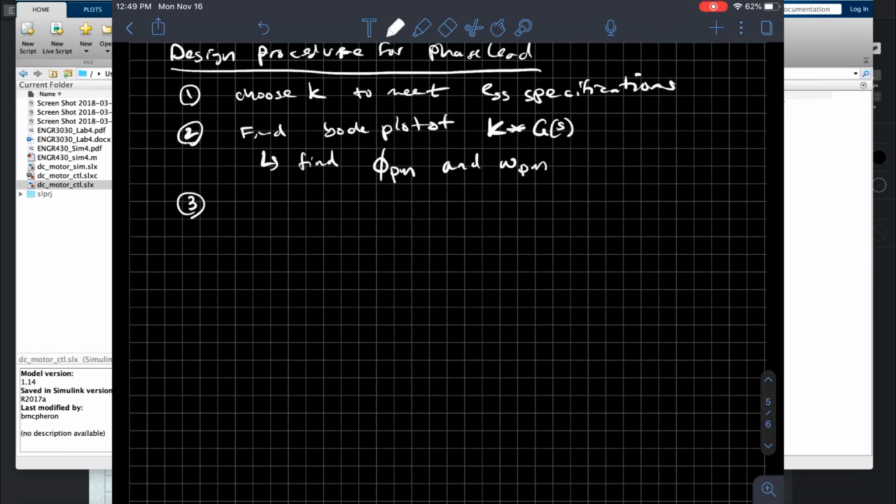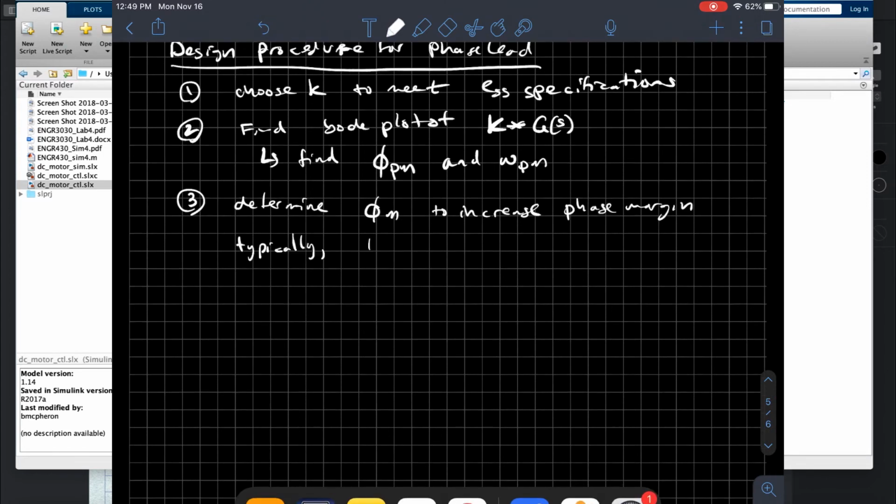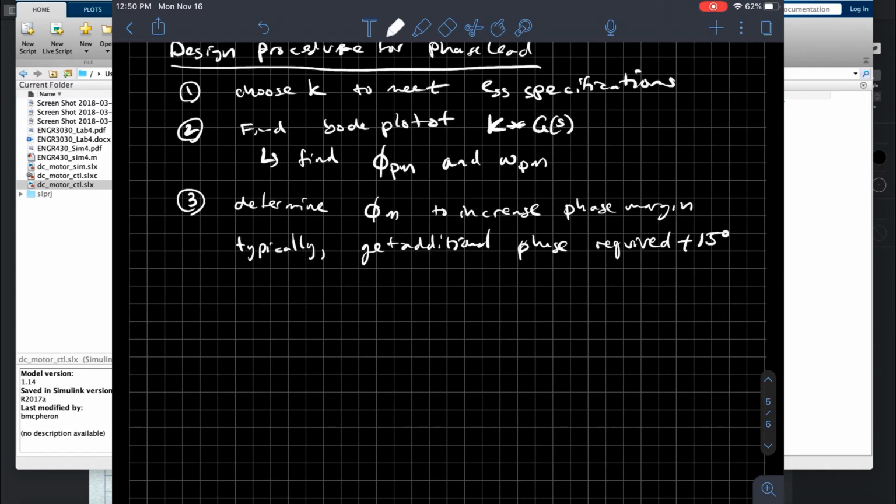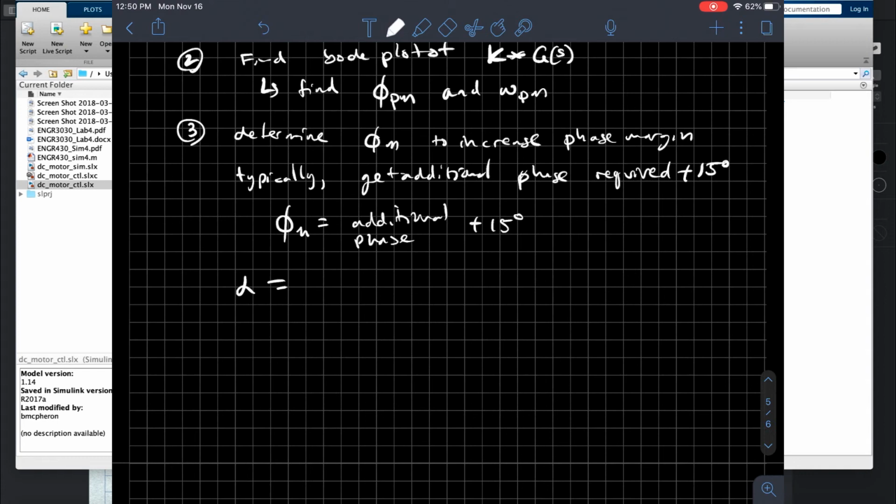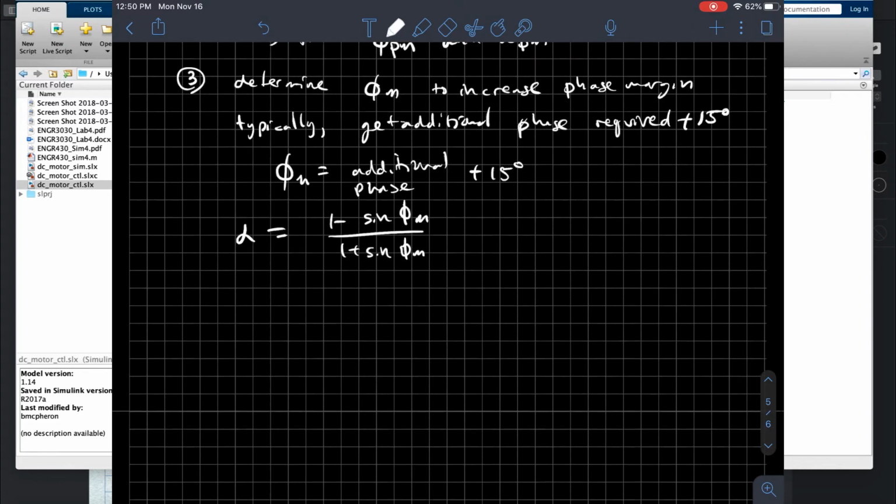Step 3 is to determine the extra amount of phase to increase the phase margin. Typically my approach is to get additional phase required plus 15 degrees. So I set phi m equal to additional phase plus 15 degrees. Then I calculate alpha. Alpha is 1 minus the sine of phi m in degrees over 1 plus the sine of phi m in degrees.